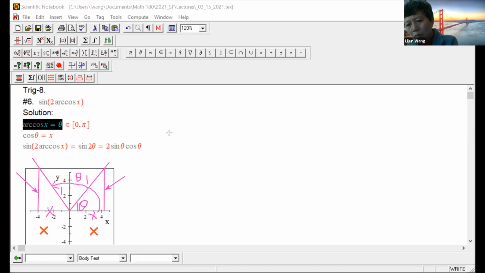You can see that the domain and range are so important. We'll be emphasizing that all along. We know the reason, right?